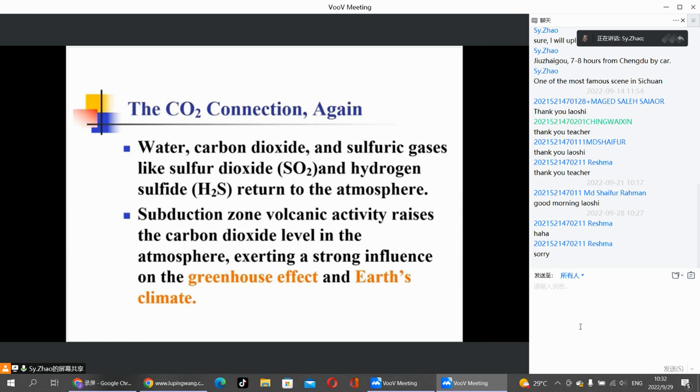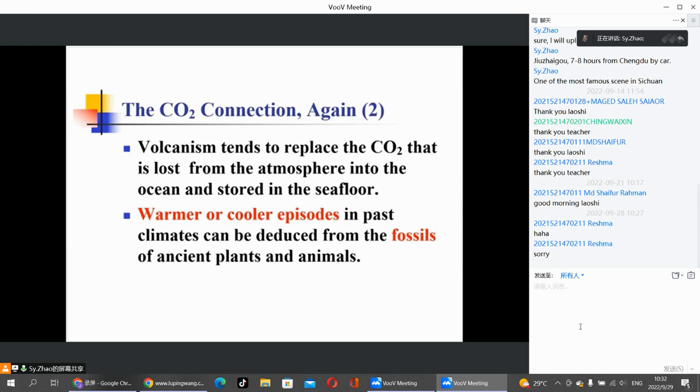Volcanism tends to replace the carbon dioxide that is lost from the atmosphere into the ocean and stored in the seafloor. The warmer or cooler episodes in past climates can be deduced from the fossils of ancient plants and animals.